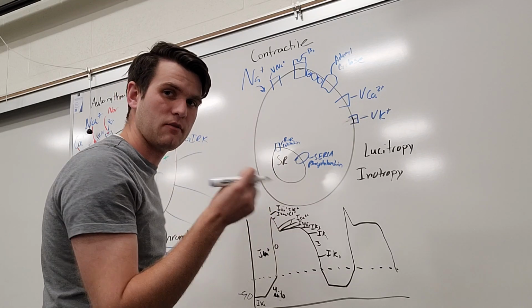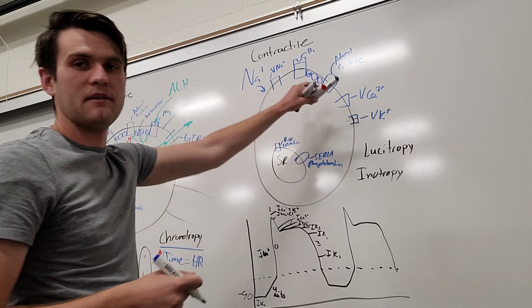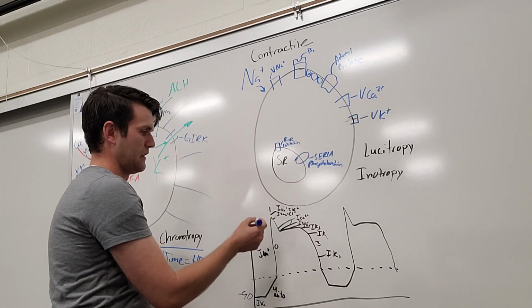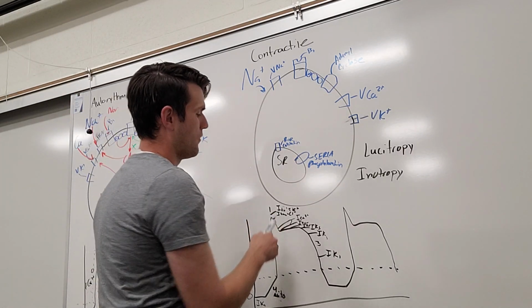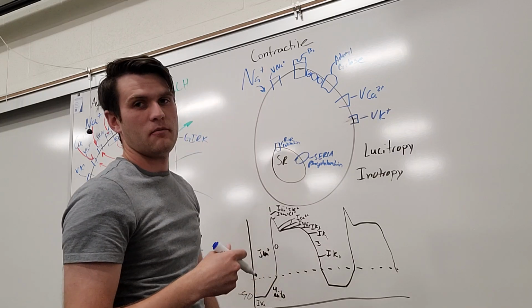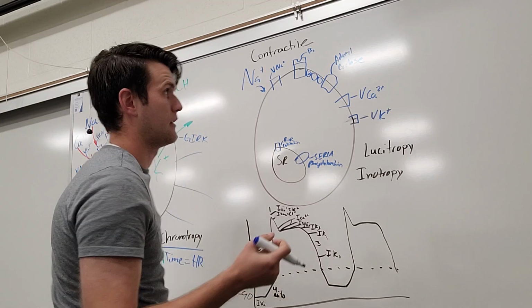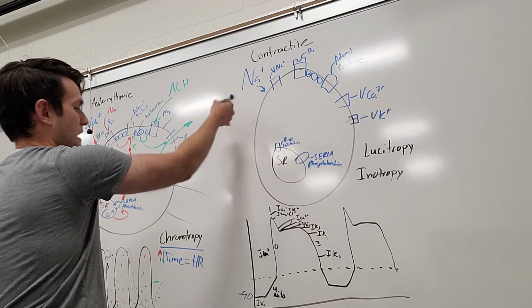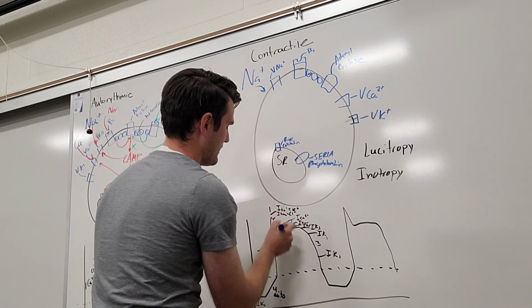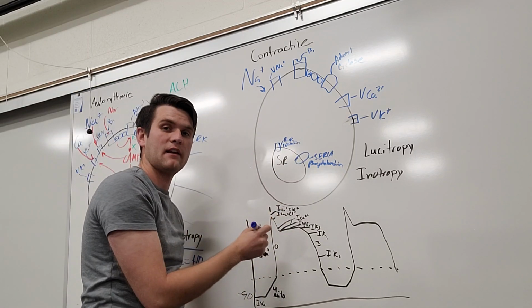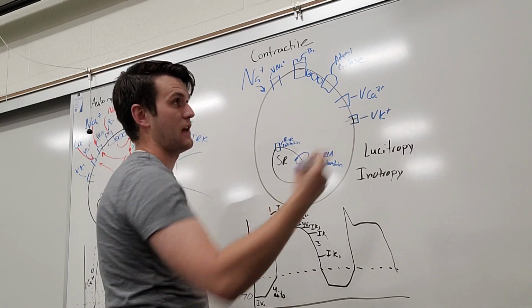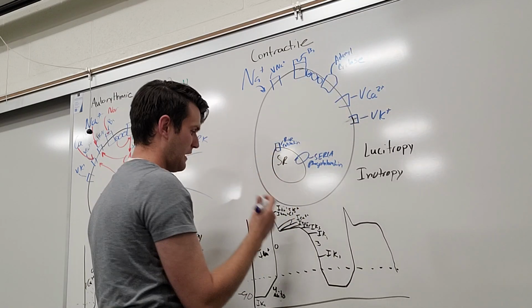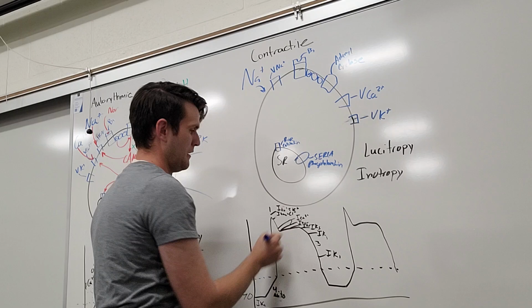Now I didn't draw them on this drawing, but now we have what's called ITO1 channels open, and that's a potassium current. So now potassium is leaving the cell, which is going to repolarize it. And then we also have ITO2 channels, which are chloride channels. So now chloride is coming in, and it's going to repolarize even more.